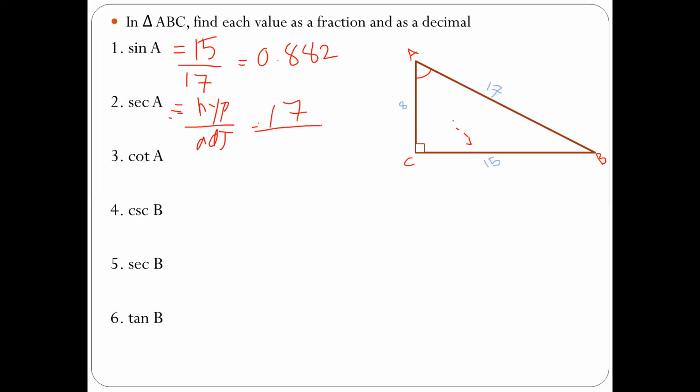It is 17. What is the adjacent for A? It is 8. So it is 17 over 8, or you could write it as 2.125.